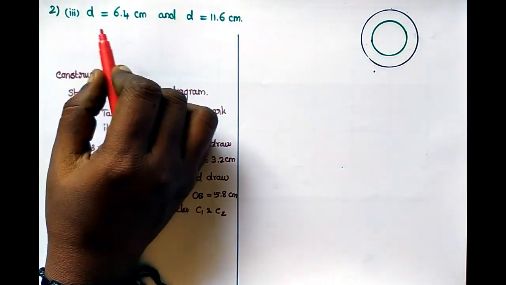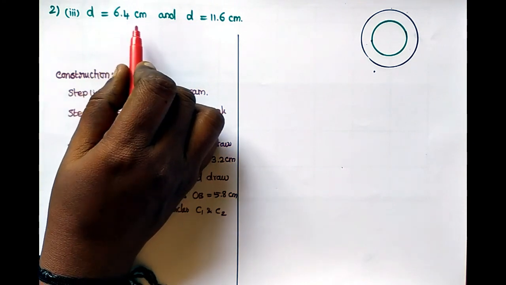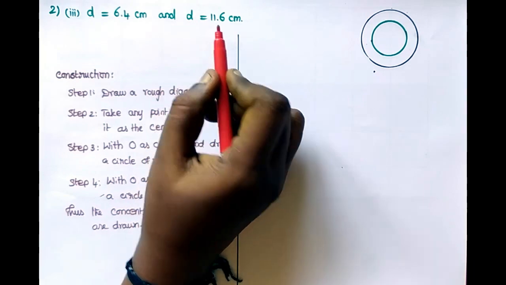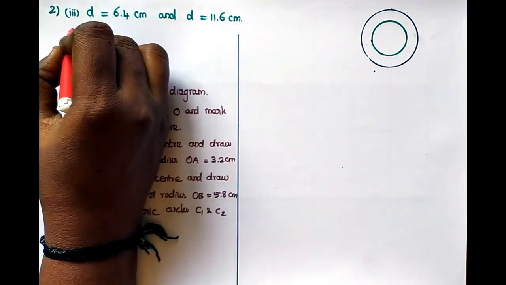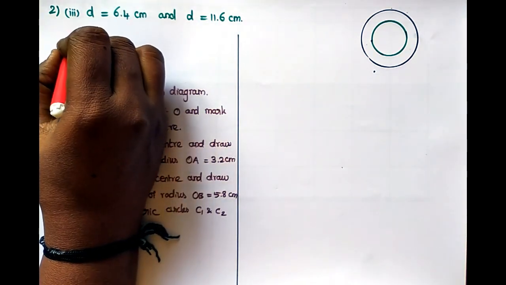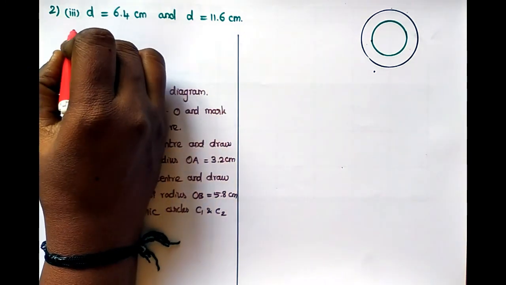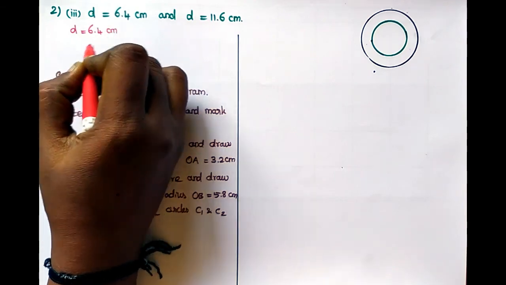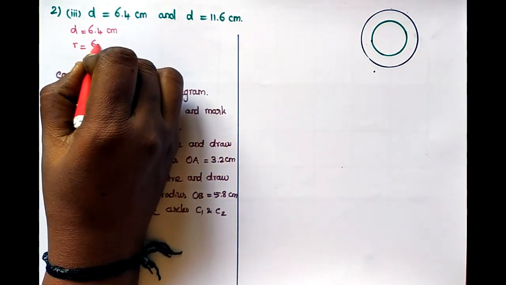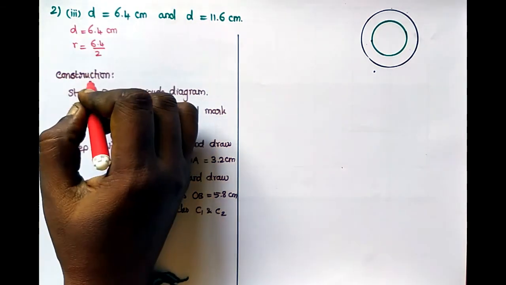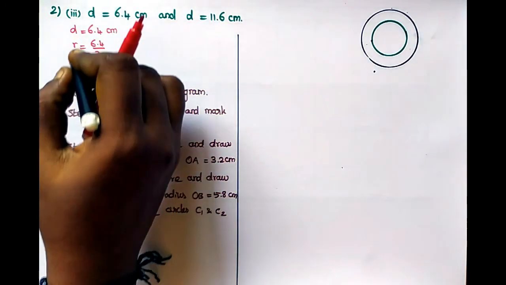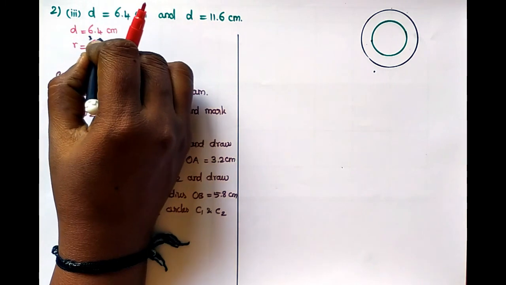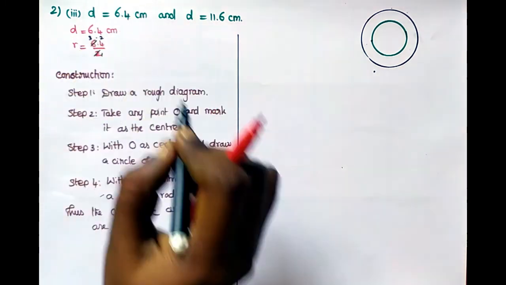Now second one, third subdivision, D equal to 6.4 centimeter and D equal to 11.6 centimeter. They given two diameters. So from that we have to calculate the radius. D equal to 6.4 centimeter, so radius equal to 6.4 by 2. Now cancel this one. 3 2s are 6 and 2 2s are 4.